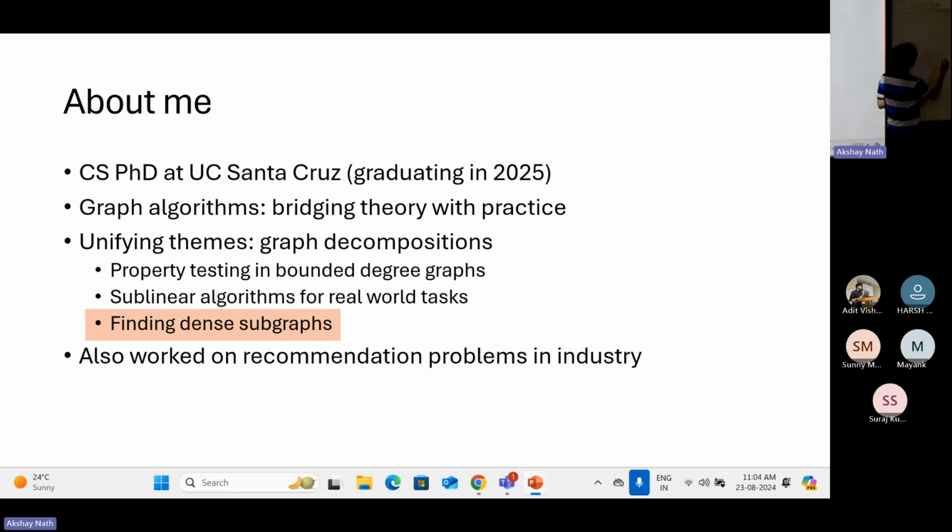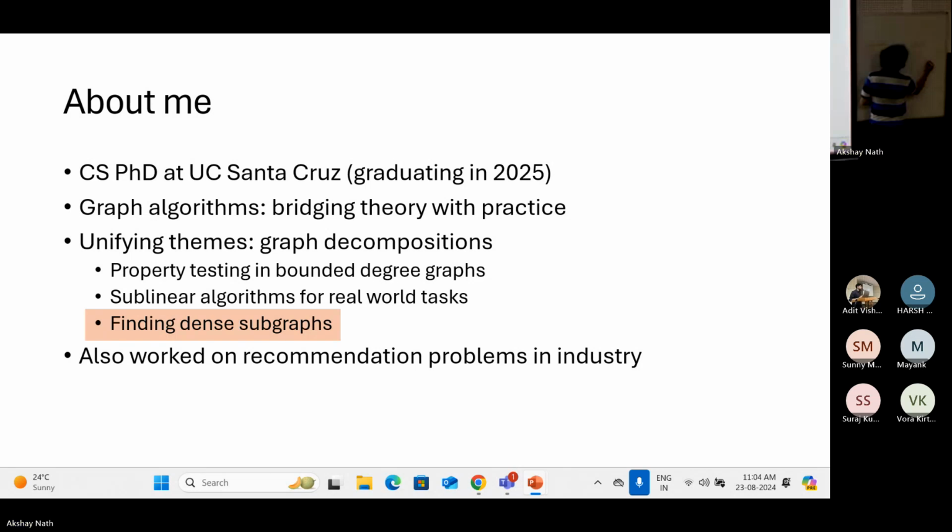I'll also be talking about triangle density, which refers to the same quantity, except this will be the number of triangles divided by the maximum possible number of triangles. Does that make sense?